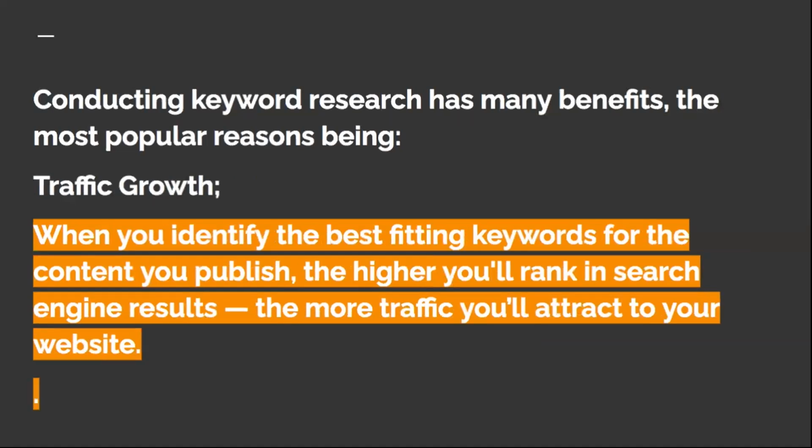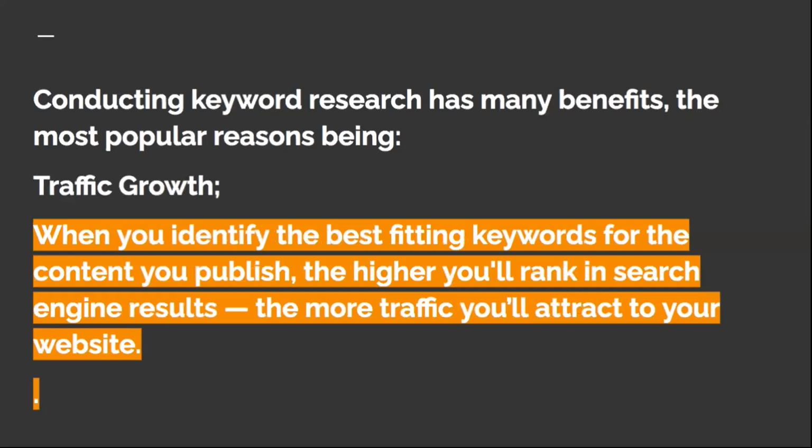And the second one is traffic growth. When you identify the best befitting keywords for the content you publish, the higher you would rank in search engine results, the more traffic you would attract to your website.